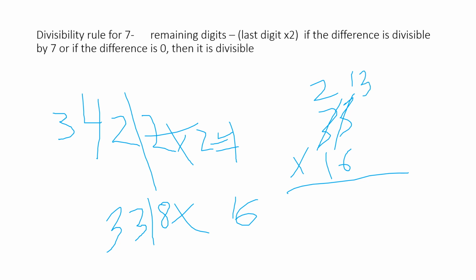And then 6, so 4 and okay, 7. Then oh, this was not a times. I'm sorry. This was minus. Yeah. And then 1. So it's 17. After we see that, 17 is not divisible by 7 or 0. So it is not divisible by 7.